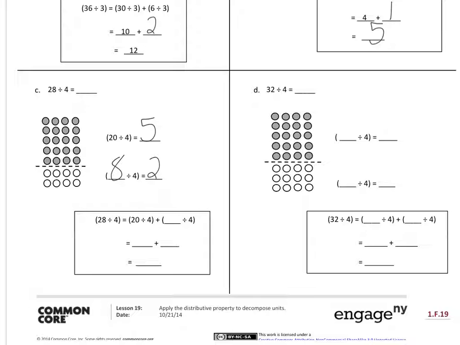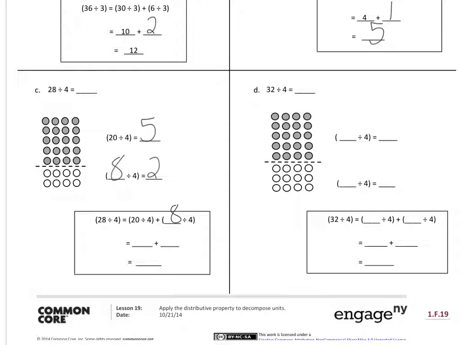You'll notice that most of the time our blanks from up here correspond with our blanks from down here. I was already given 20 divided by 4, and I had blank divided by 4. So what did I put in that blank up here? 8. And that's what I'm going to put in my blank down here. Okay, so don't let that confuse you.